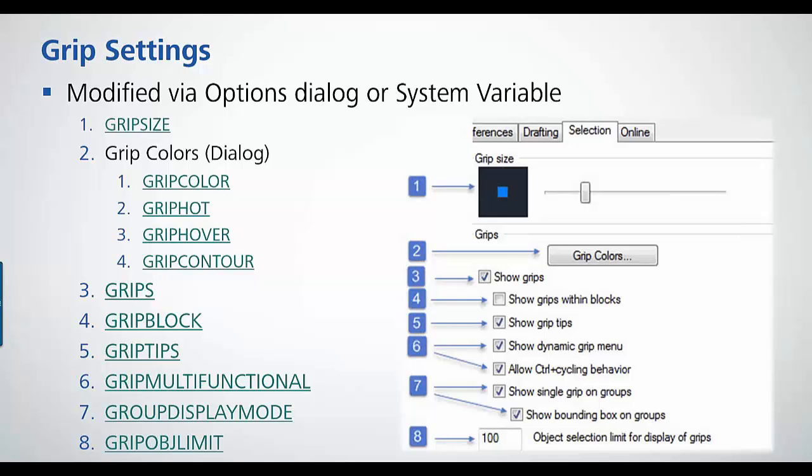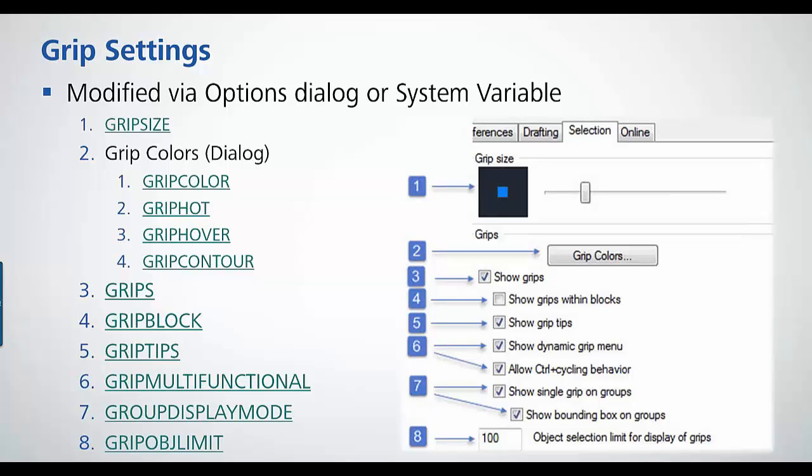The grip colors button will bring up a dialog. In fact, anytime you see those 3 dots after a command or label on a command button, that means it's going to open up a dialog. So in this case, we would be able to change the grip color, the grip hot color. So grip color is for your basic select an object blue grip.